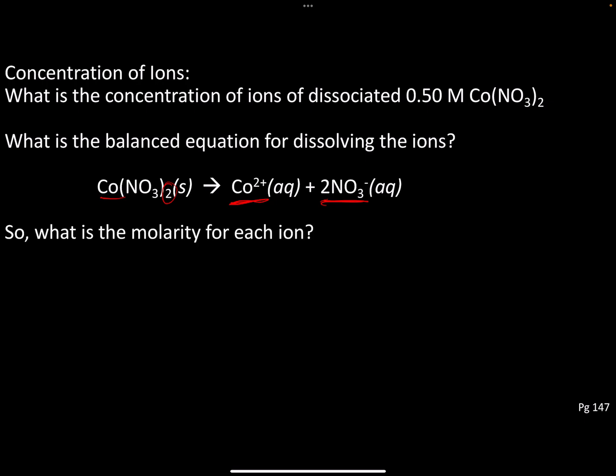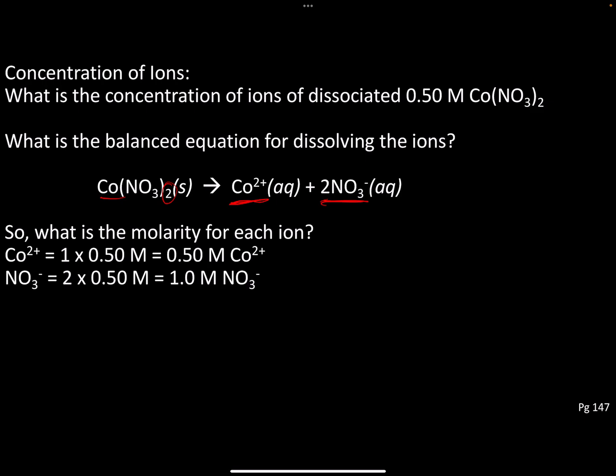So then what is the molarity for each ion? I can use some ratios here to figure that out. Cobalt has 1, so its molarity will be just 0.5, and nitrate has 2, so its molarity will be 1 molar.